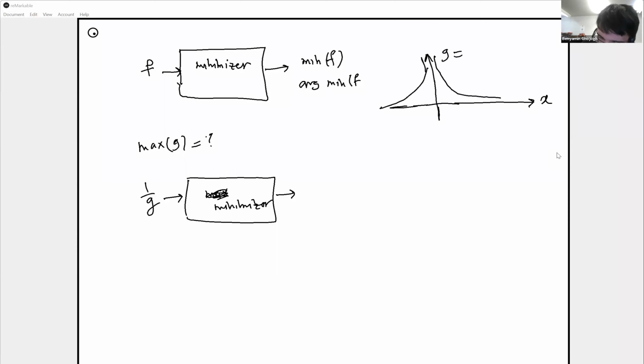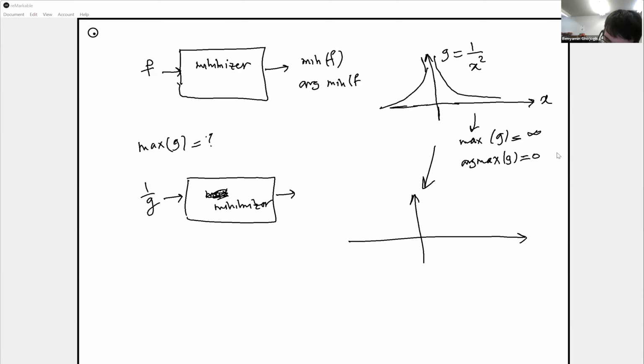This is function g, something like 1 over x squared. And I want to find its maximum. Its maximum is infinity. Its argmax is 0, right? Now what is its reciprocal?